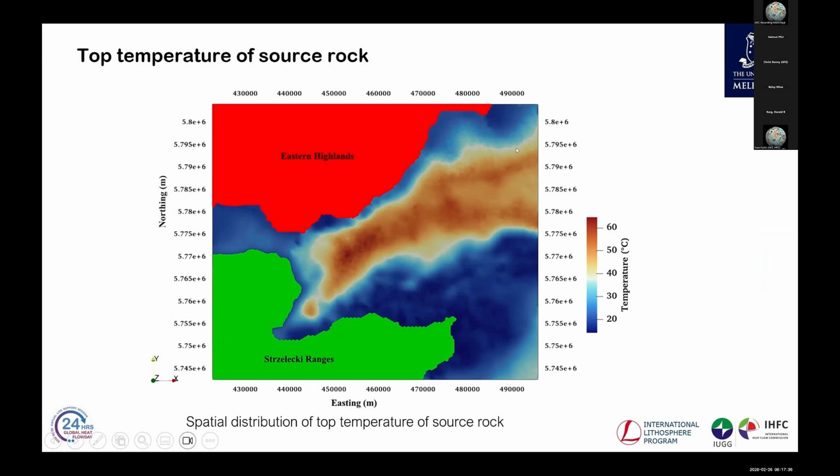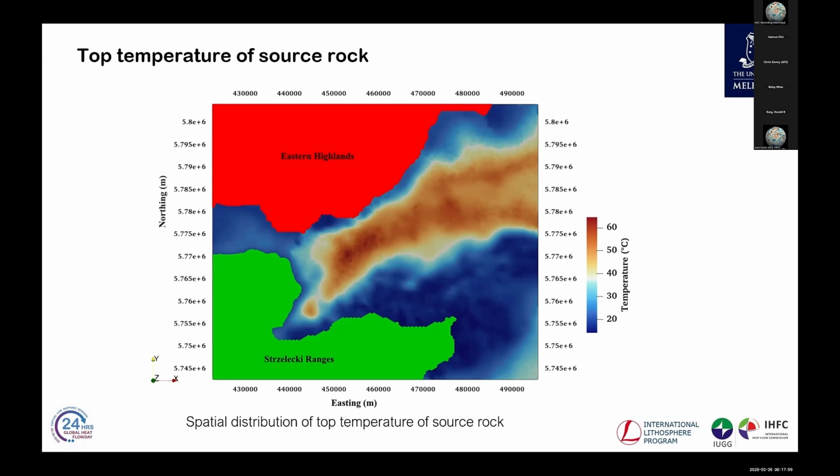The coal is confined to the valley areas. Wherever we have thick coal deposits, temperature is high. And if you go toward the north or south, the coal units are absent, so the surface becomes cooler and cooler.